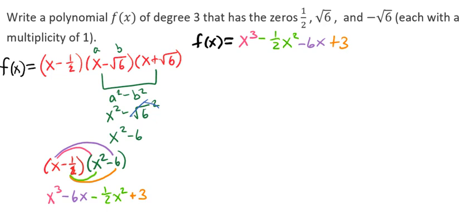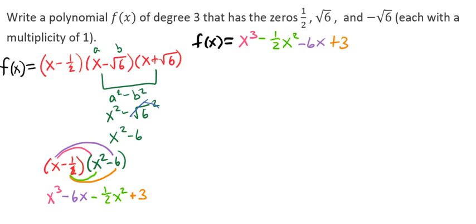And now we have a polynomial f of x of degree 3 that has the zeros of 1/2, radical 6, and negative radical 6, each with a multiplicity of 1. Now what's important is that this f of x is not unique.